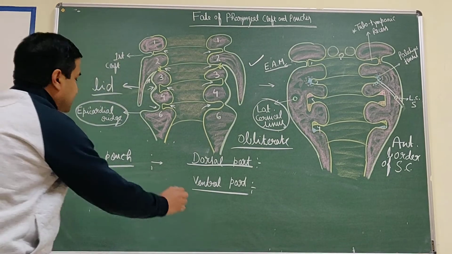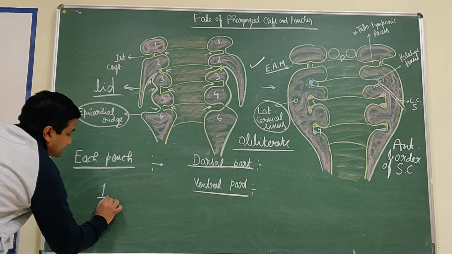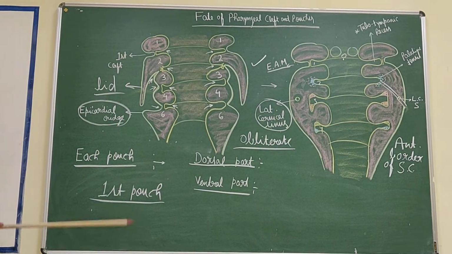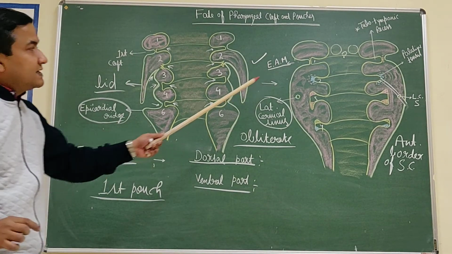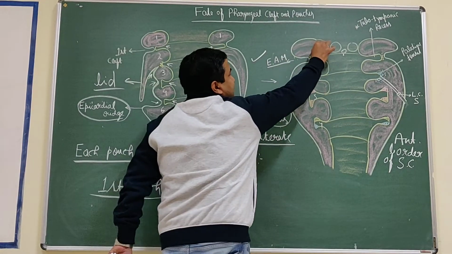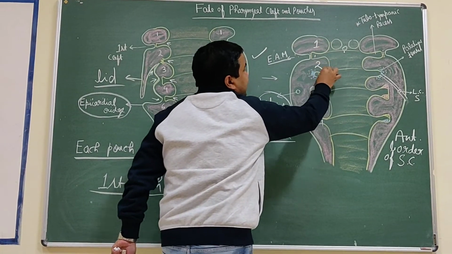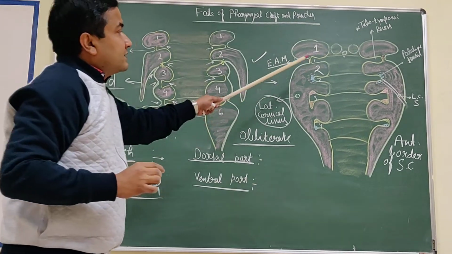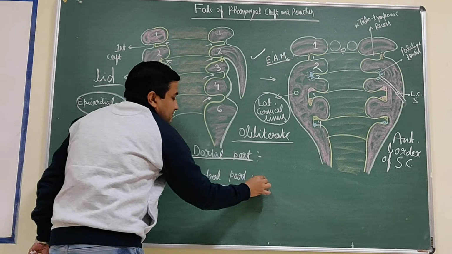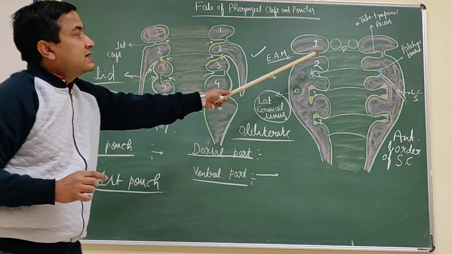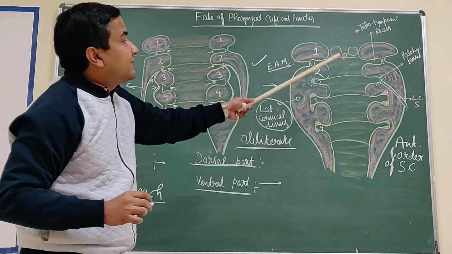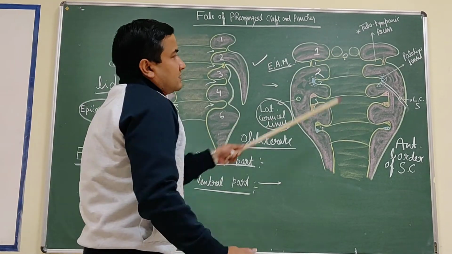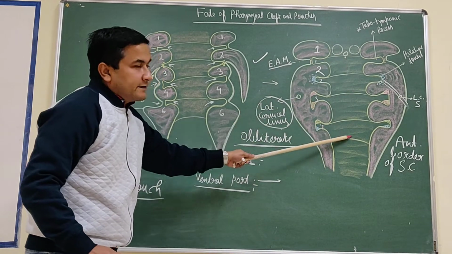In case of the first pouch, it is present between the first and the second arch. The ventral part of the first pouch is obliterated by the formation of the tongue. This is the floor of the pharynx.